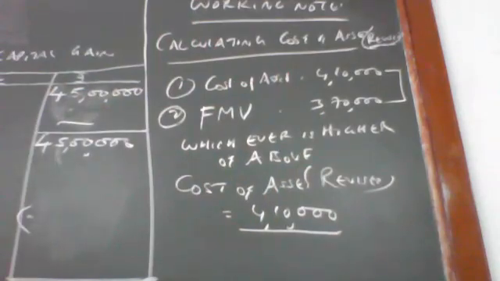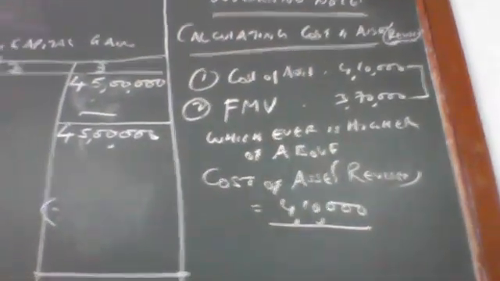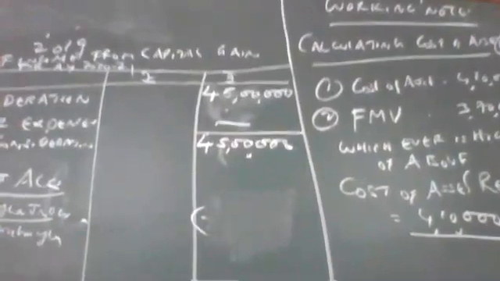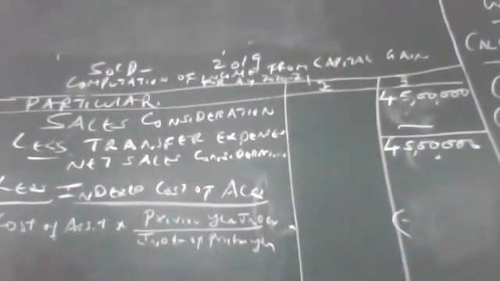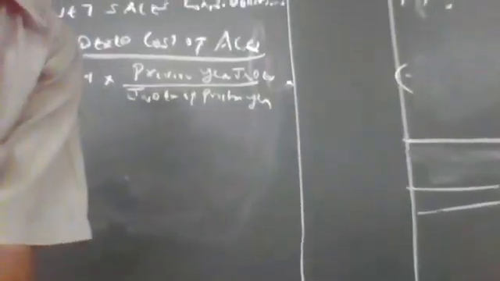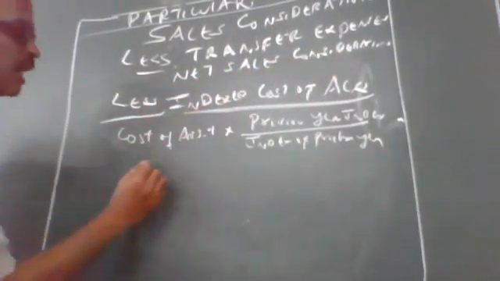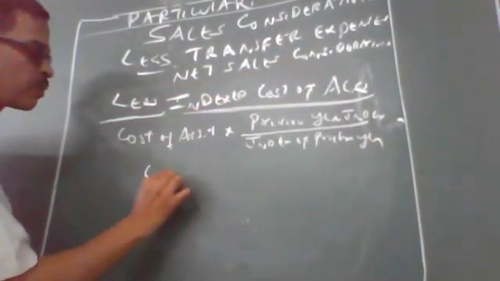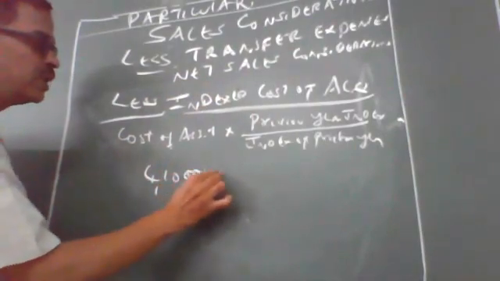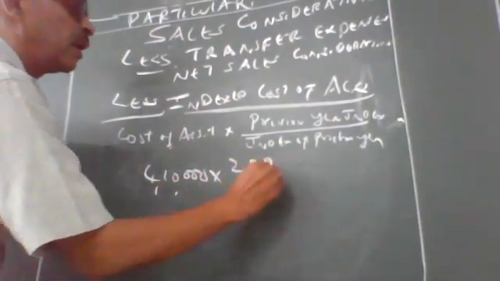Now, put it in the original formula. Coming back to the format, the cost of the asset is 4,10,000 into the previous index, which is 289.